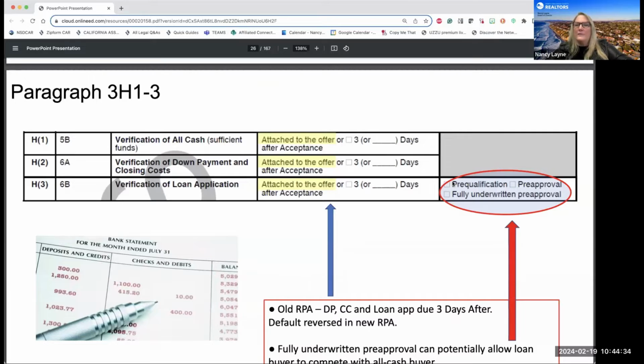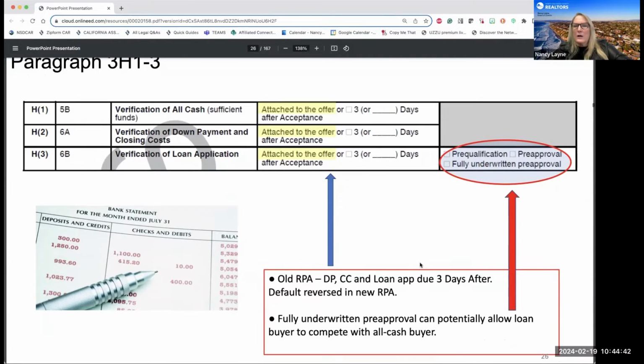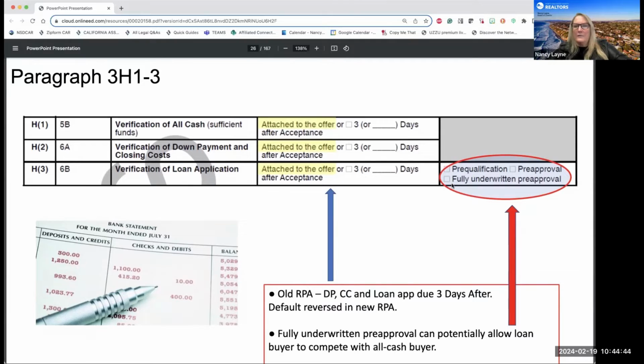They either have a pre-qualification, pre-approval, or a fully written pre-approval. So this is an area where a lot of buyers have, and I've seen more and more of these recently, the fully written pre-approval. It's an area where buyers can have a little bit of an advantage rather than going in with a pre-qualification, which is essentially a letter that says, yeah, I talked to this person. Pre-approval is based on what they've told me.